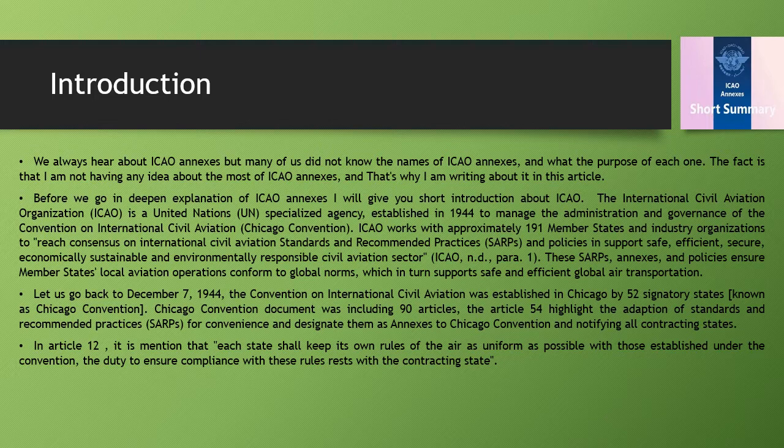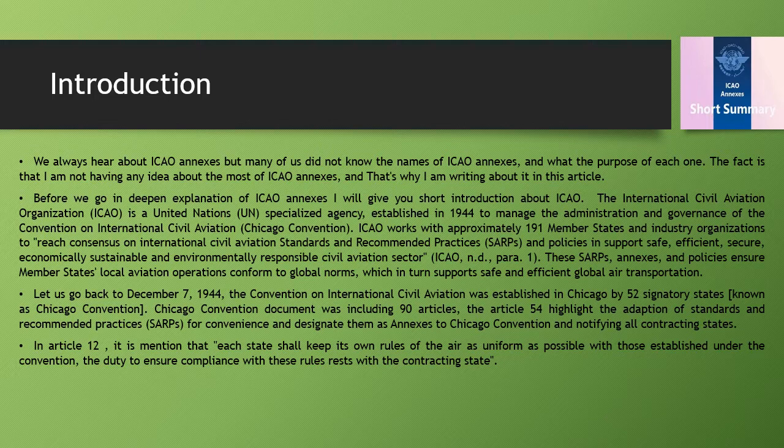ICAO works with approximately 191 member states and industry organizations to reach consensus on international civil aviation standards and recommended practices, SARPs, and policies in support of a safe, efficient, secure, economically sustainable and environmentally responsible civil aviation sector (ICAO, ND, Para. 1). These SARPs, annexes, and policies ensure member states' local aviation operations conform to global norms, which in turn supports safe and efficient global air transportation.